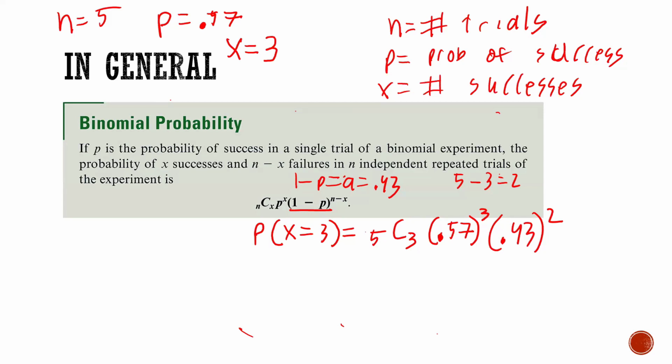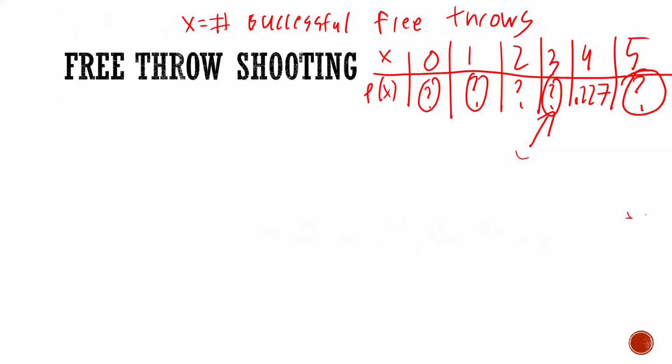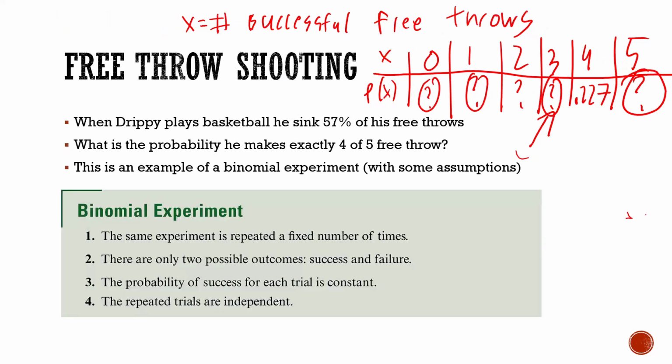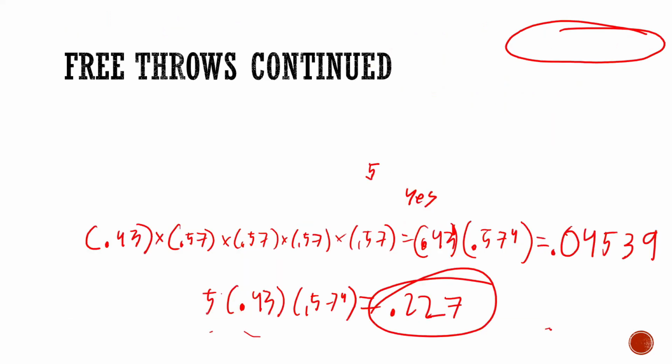That'll get my total probability, right? So this formula will work for any situation that is binomial. So when you're answering questions, your strategy is first, is it binomial? When you're asking, is it binomial, you're thinking about these 4 things.